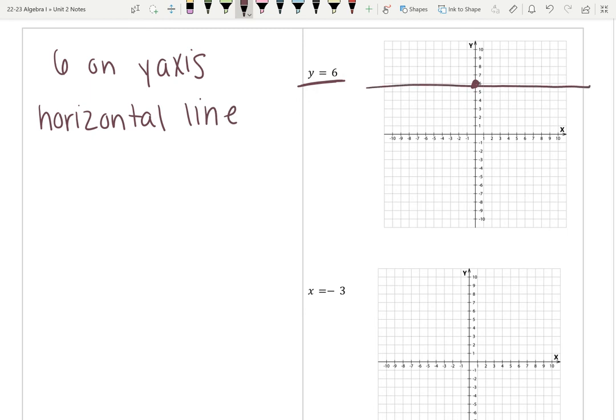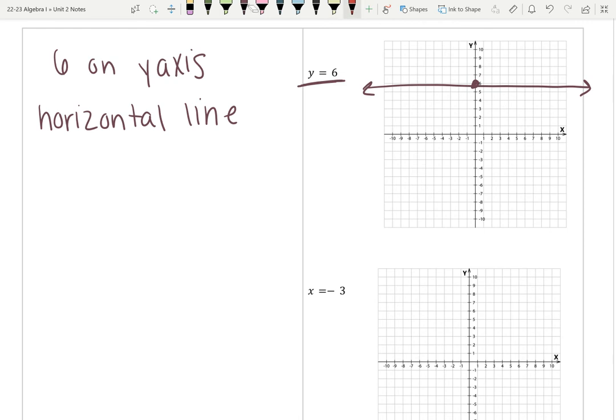One way to help you remember this is that if I were to draw a vertical line here, what am I really doing? I'm just retracing the axis. That's not going to help me. Unless you have x or y equals 0, you shouldn't be retracing the axis.